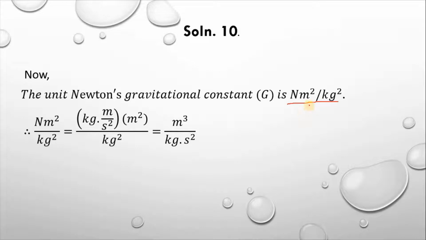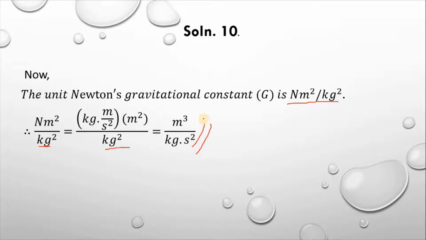You already know that this Newton meter square per kilogram square can be written as follows, because Newton is kilogram meter per second square. This is your meter square, and as usual kilogram square will come here. Combining them all will give you this.